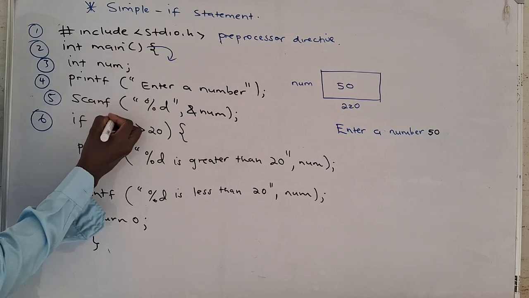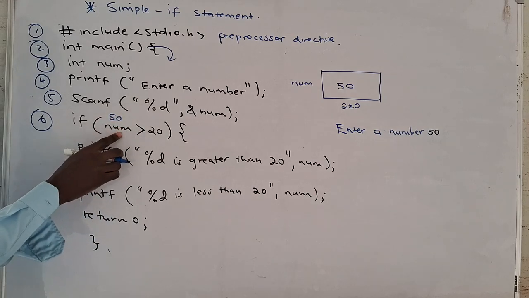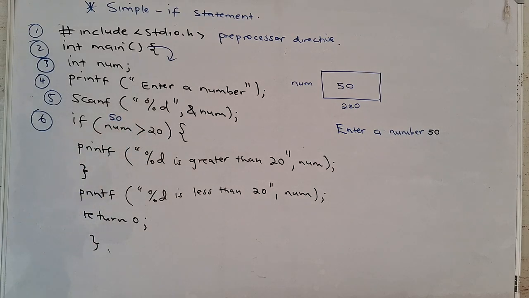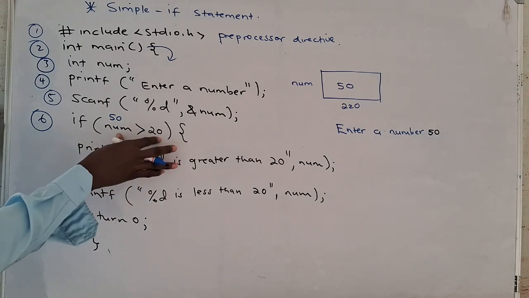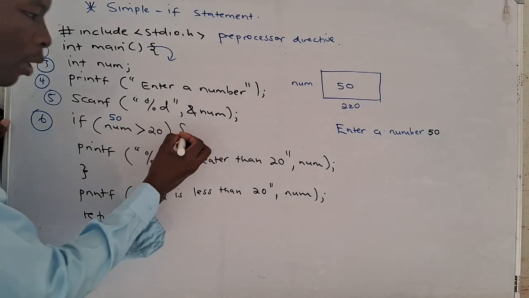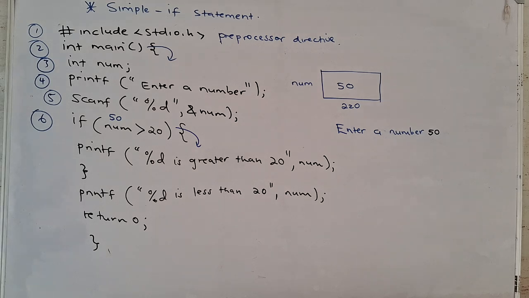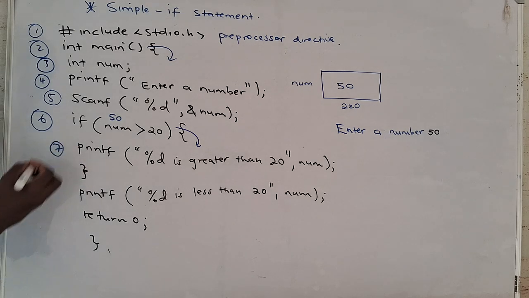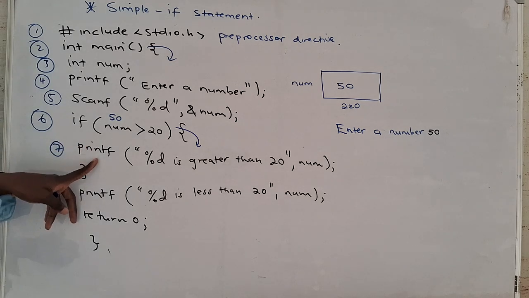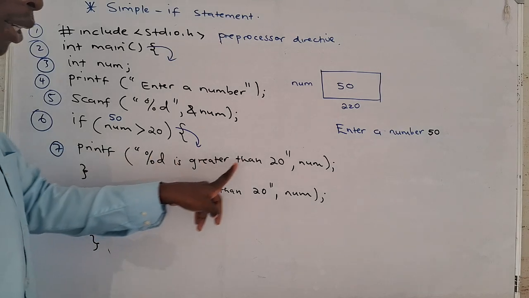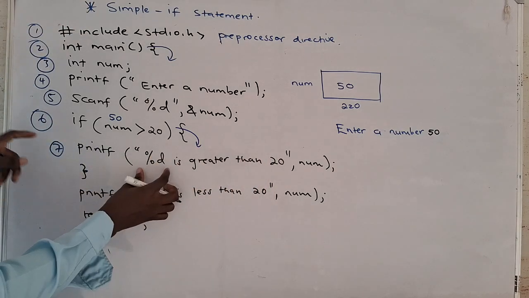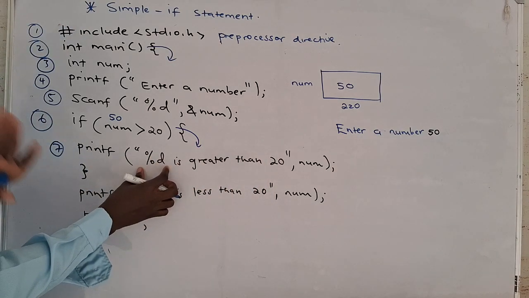Suppose 50 is coming here. 50 is greater than 20, true or false? This is true. So the control will enter into the if block. Statement number 6 is going to be executed: printf("%d is greater than 20"). See, this %d is a format specifier.